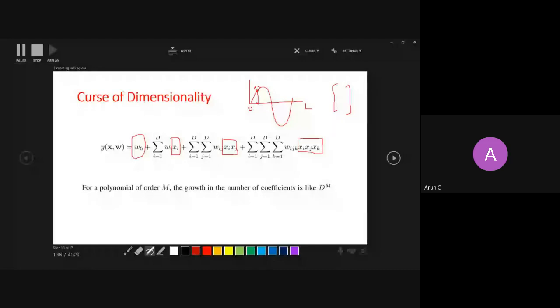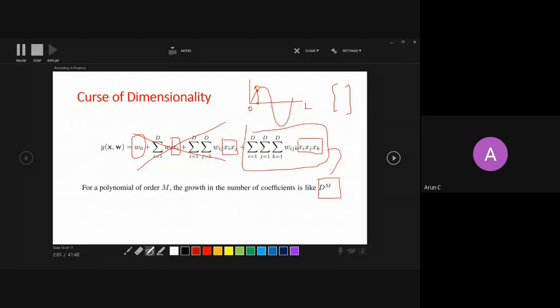So the maximum number of terms, in big O terms, comes to d to the power m, right? Because of the cross terms which can be produced. If you take the complexity, just ignore the lower terms and focus on this term, then it is d to the power m.